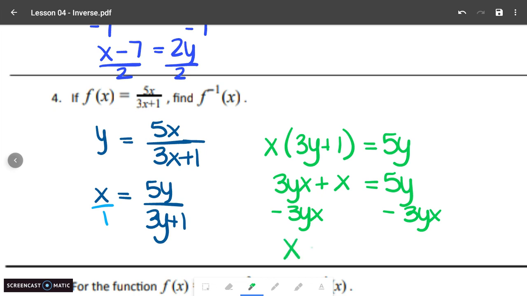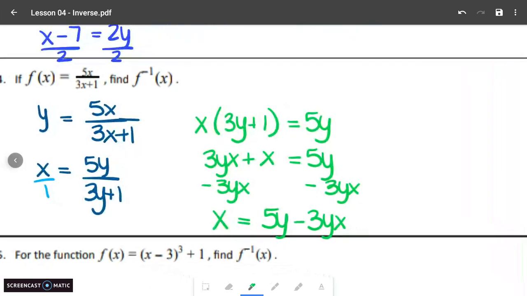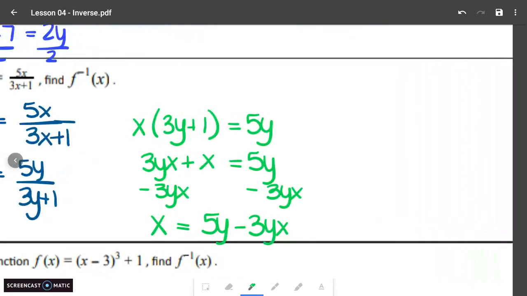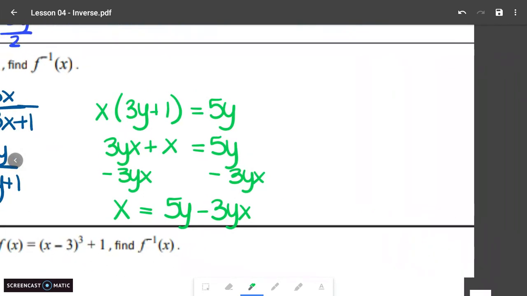So I'm looking at x equals 5y minus 3yx. Now remember, our goal is to get y out. I'm trying to get y by itself. So what I'm going to do is pull the y out from both of them. So here I'm going to have x is equal to, let's pull y out, y times (5 minus 3x).